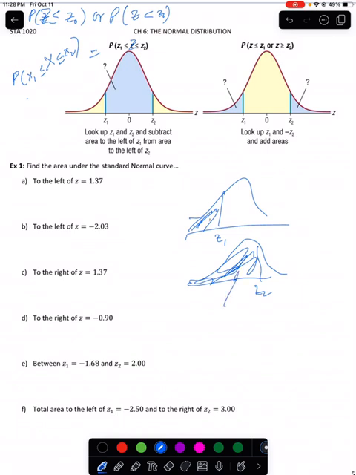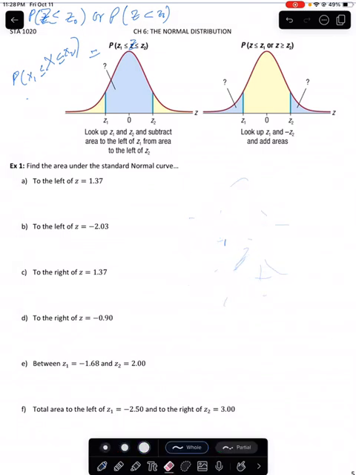So you take this area minus that area, and that will give you the required area. Sometimes the question will say to find the area for a random variable which is less than a value or greater than a value.